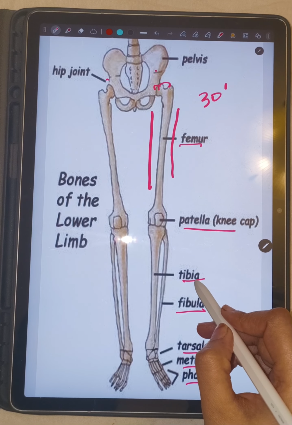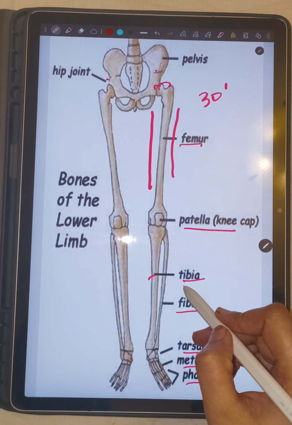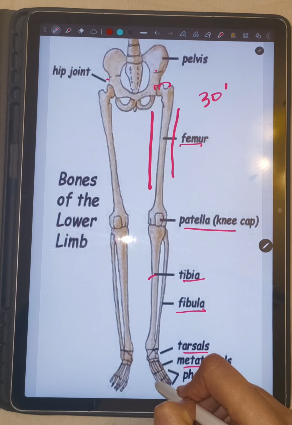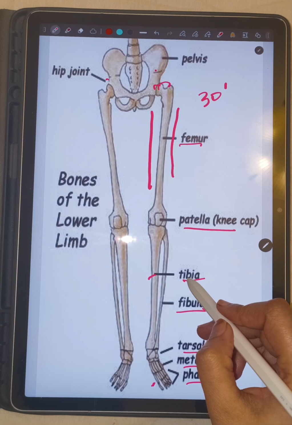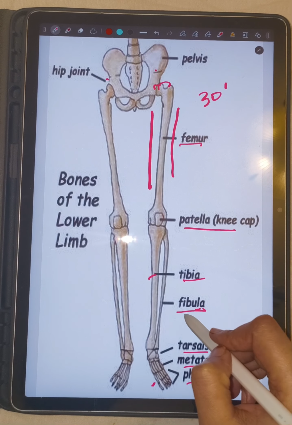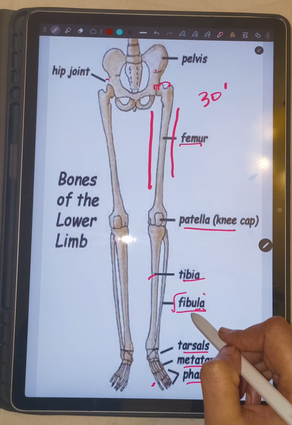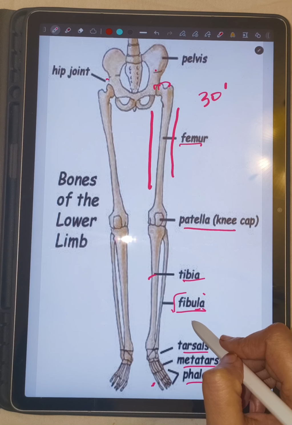Next one is the tibia, the shin bone. This is the shin bone, on the medial side of the lower leg, the big toe side. It supports body weight from the femur to the foot, forming the knee joint with the femur and the ankle joint with the talus. Next is the fibula, which provides muscle attachment for the lower leg and foot muscles and stabilizes the ankle joint.